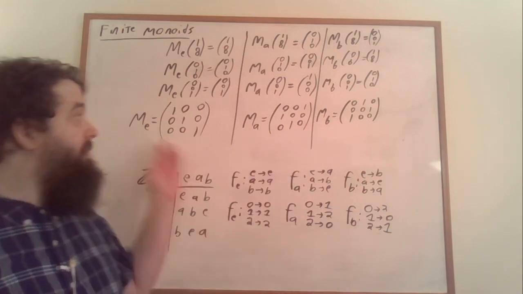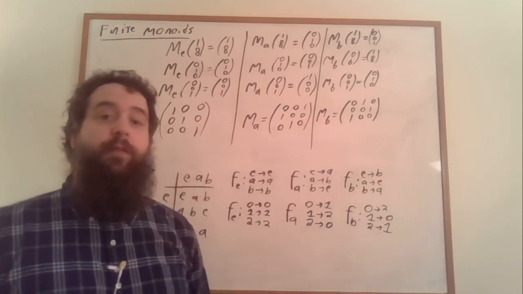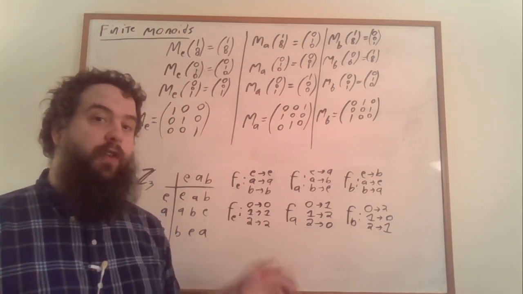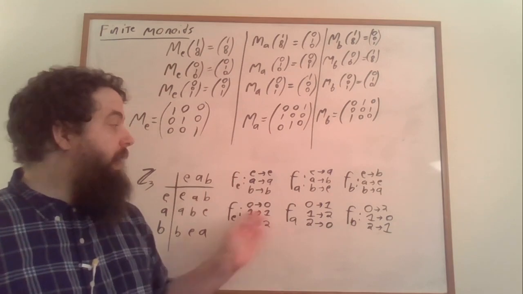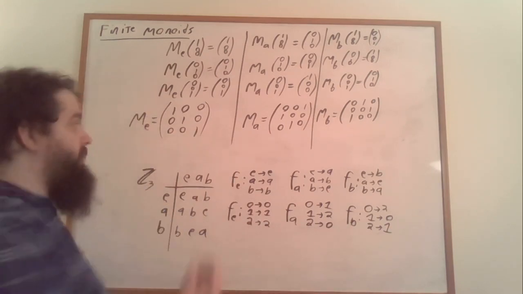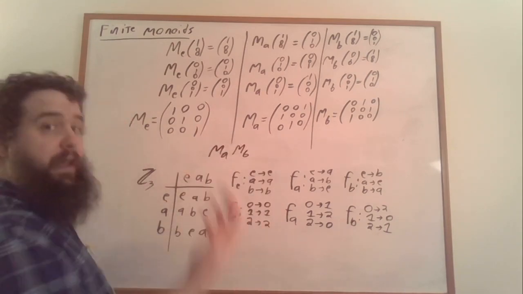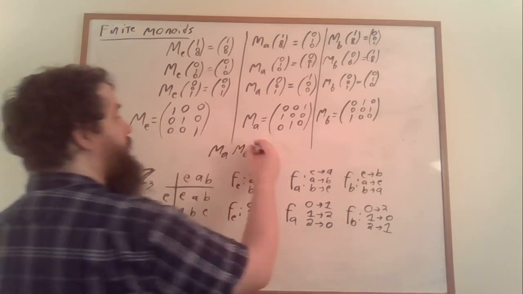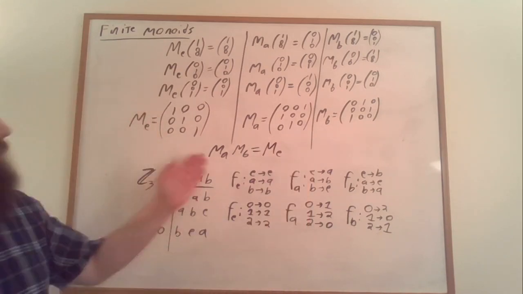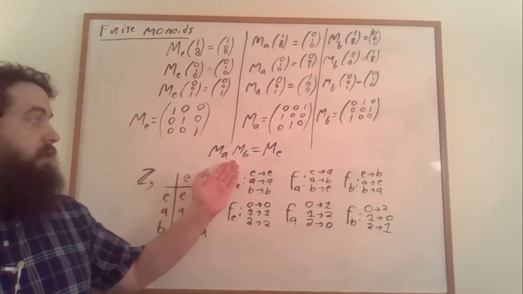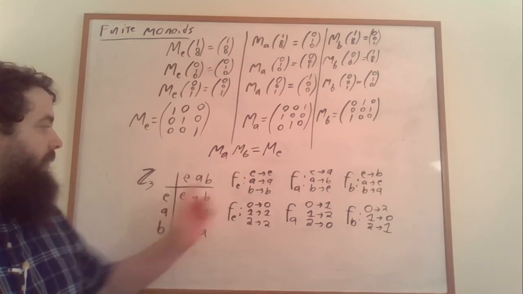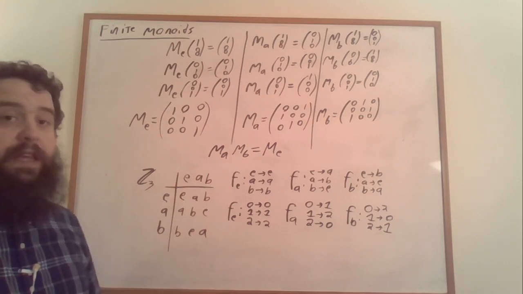And again, this collection of matrices under matrix multiplication is isomorphic to our original group and our collection of permutation functions. So for instance, m sub a times m sub b is going to be equal to m sub e. We could either multiply these out as matrices, or we can multiply the corresponding elements of the group, and a times b is equal to e.